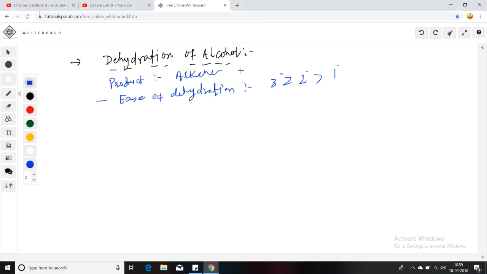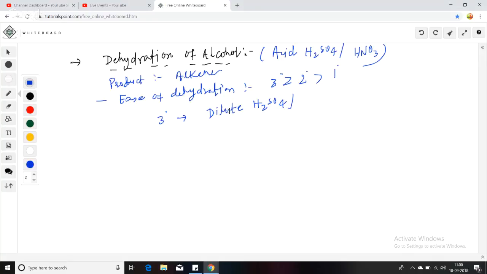This reaction takes place in presence of an acid, and we can use H2SO4 or HNO3. Since dehydration is easier for 3 degree alcohol, for this purpose we can use dilute H2SO4 or HNO3, but dilute is preferable.